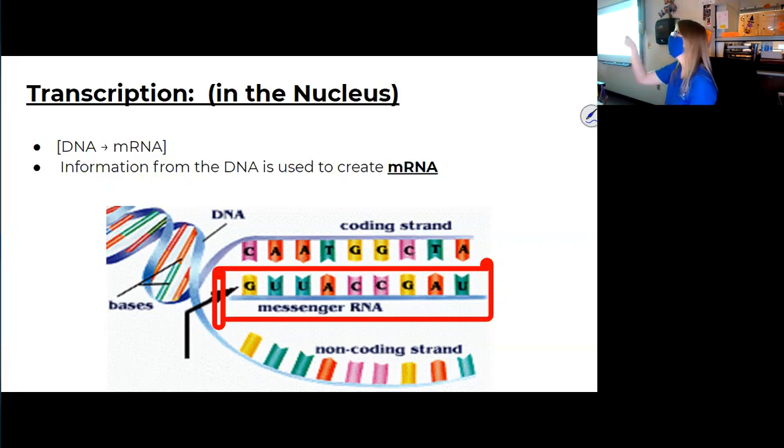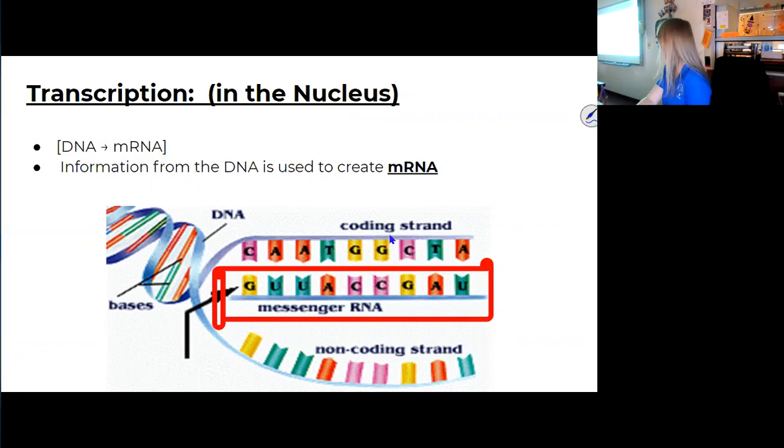Not C, T. Okay, so we're getting rid of a nitrogen base, but all that is telling us, hey, this isn't DNA anymore. This is the copy. This is that messenger RNA. So now when you see strands of letters or nitrogen bases, you can go, that's DNA. Oh, that one, it's got a U. It must be RNA.